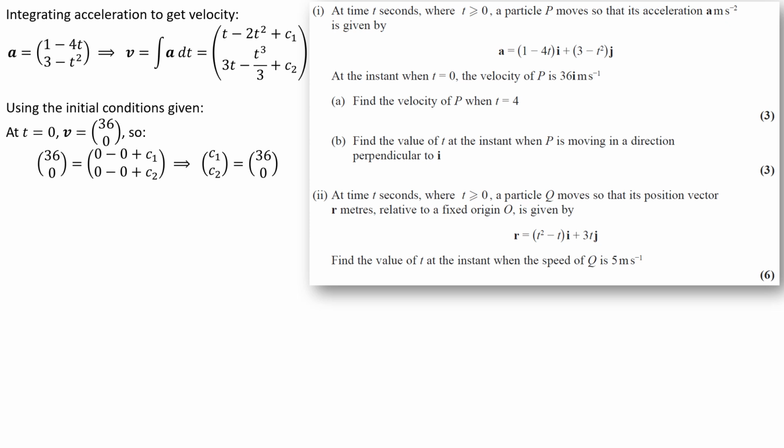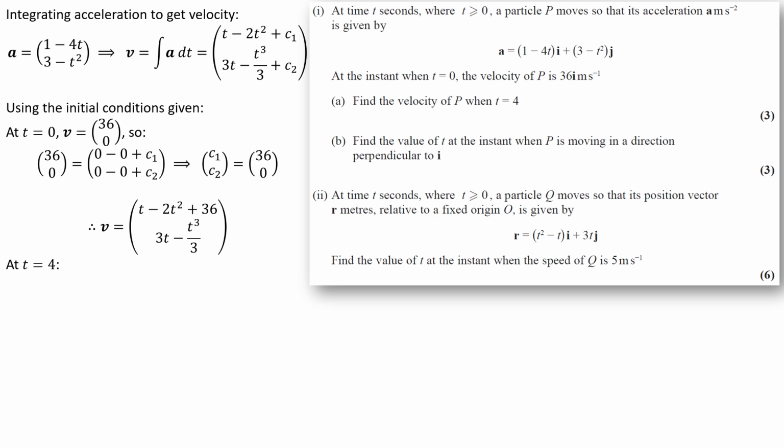Most of the time, if your expressions are just polynomials, it might feel like overkill to set v equal to (36, 0) and substitute in 0, instead of just saying, well, surely my first constant is 36 and my second one is 0. But if there are other functions involved, it's not always going to be as simple as this. So it's a good habit to get into to do this properly, to substitute in 0 to see what you get. But in this case, the first constant is 36, the second constant is 0.